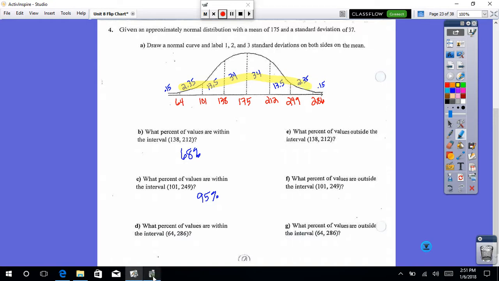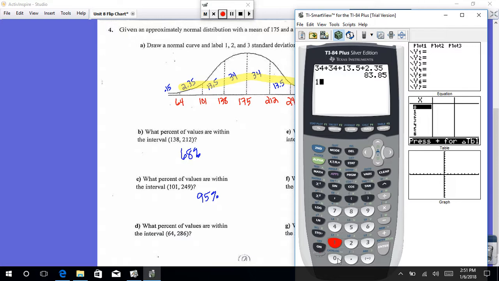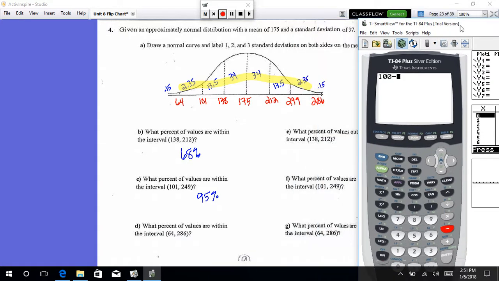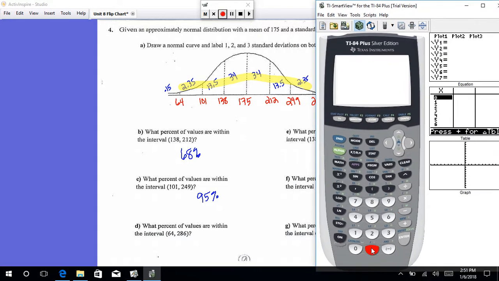Remember my shortcut method. Sometimes it's easier to take the entire curve and subtract what they're not asking for. In this case, they are not asking for the two tiny little tails. So neither one of these little 0.15 tails are included.